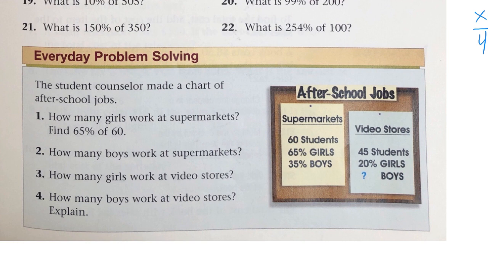We turn 65% into a decimal times the number after "of." Two decimal places. So the answer is 39 girls.